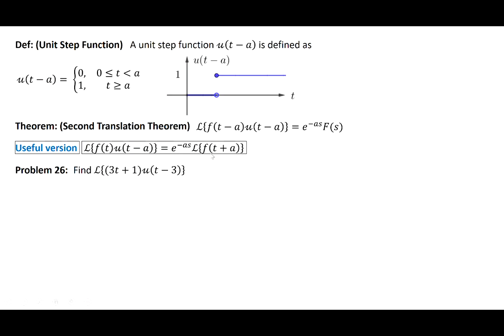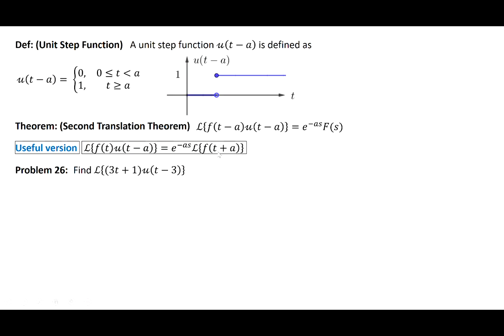Notice, does this look like f of t minus a, u of t minus a? No, it doesn't look like f of t minus a. It's some f of t, u of t minus a. What is a? 3. What is f of t? 3t plus 1. So if f of t is 3t plus 1, what is this saying?